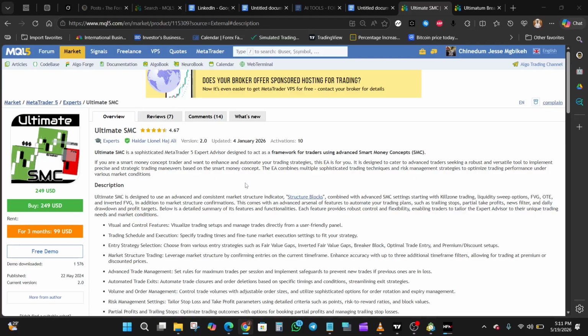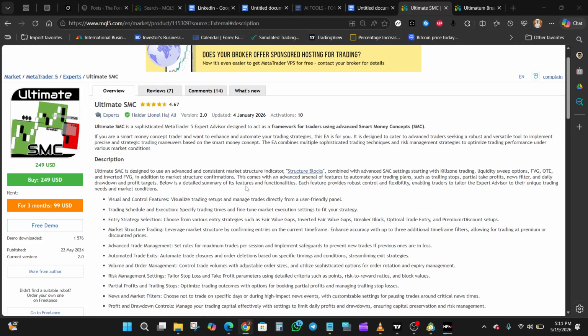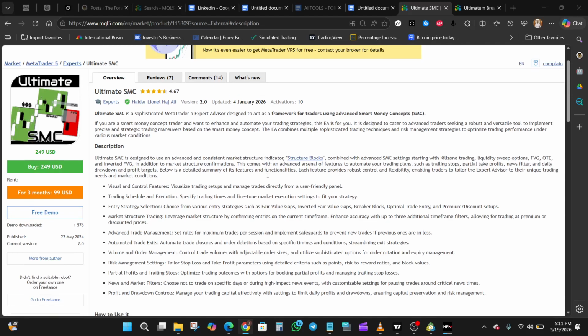So at first glance, this EA is positioned as a smart money concepts trading framework rather than a simple automated system. It is designed for traders who already understand SMC methodology and want to automate parts of that process inside MetaTrader 5.